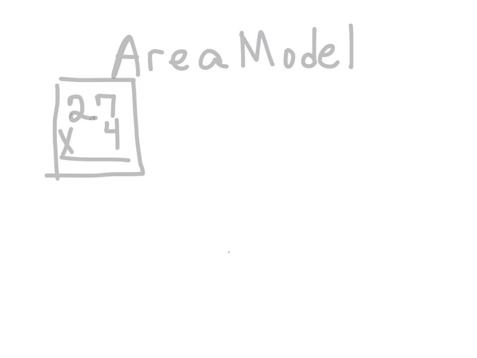So if I know that I have 27, I can break 27 into 20 plus 7. And then I have 4, which is just 4. So now I'm going to make an area model.